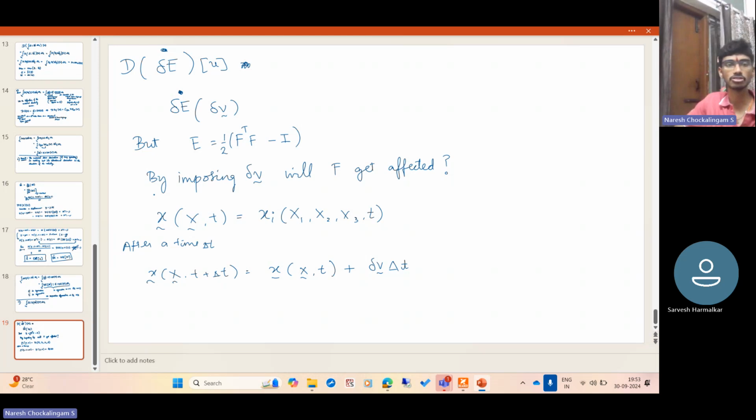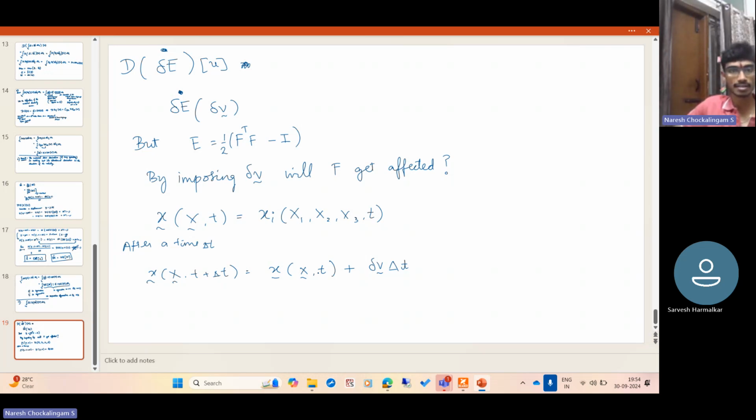So this is the solution. X is the solution, but I'm imposing some field, this velocity field del v. So what happens after a time delta t? By telling that I'm imposing a velocity field, it means that after an infinitesimal time delta t, this x will be the actual x of x comma t plus some del v times t.